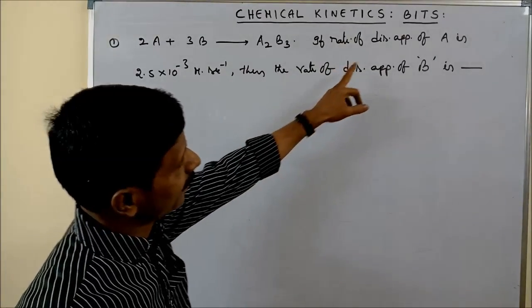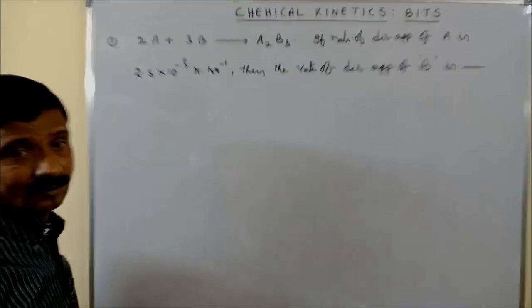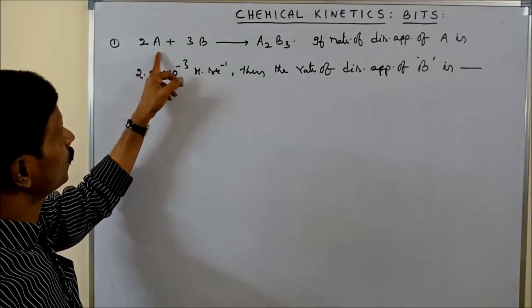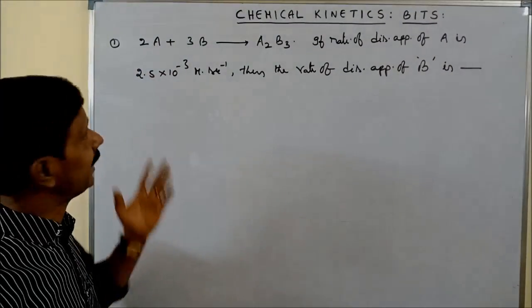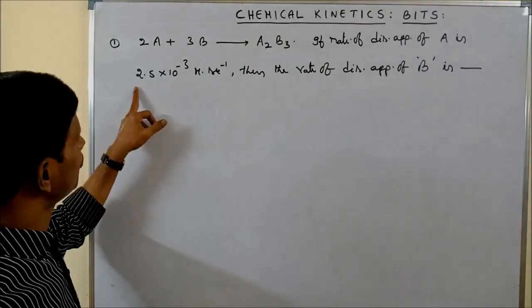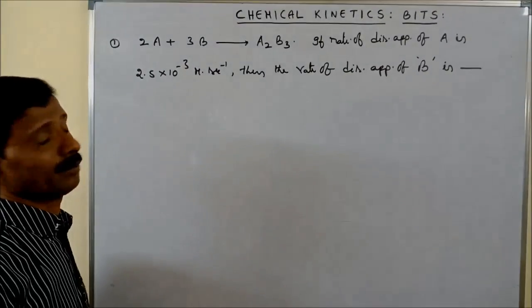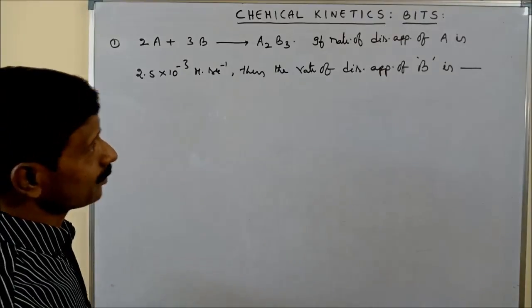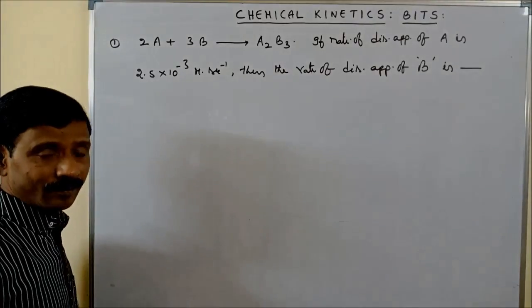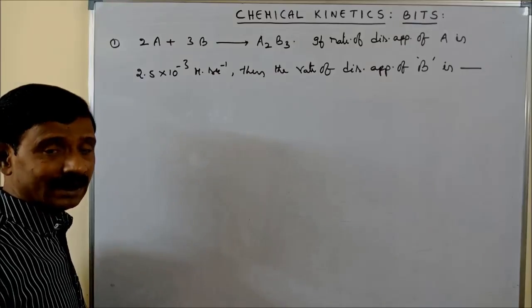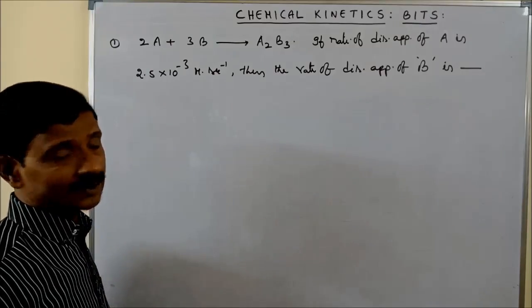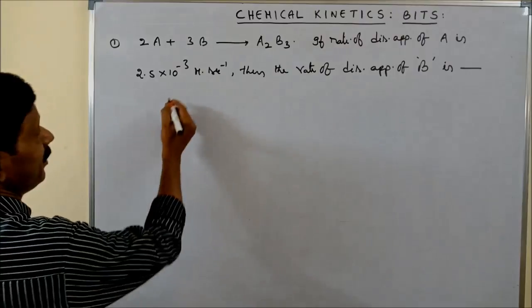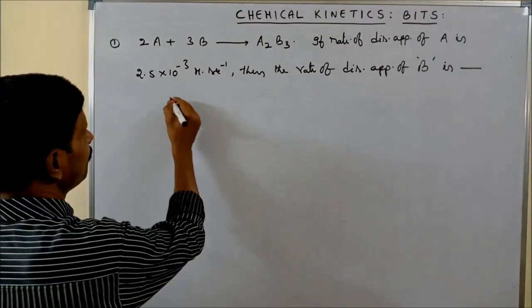Now if you observe the rate of disappearance of A, for 2 moles as per the balanced equation, that is 2.5 into 10 power minus 3 mole per liter per second. Now see here, generally in any reaction, whether rate of appearance or disappearance, that formula you have to remember.